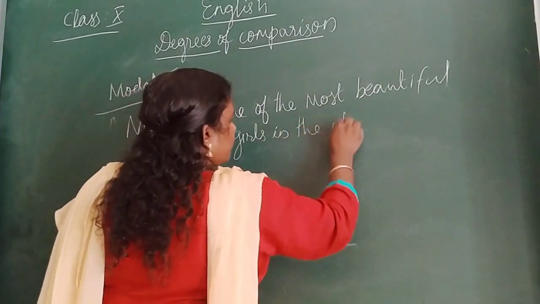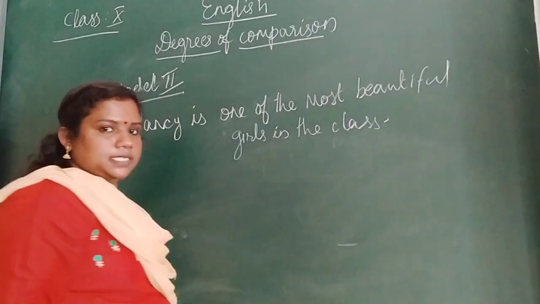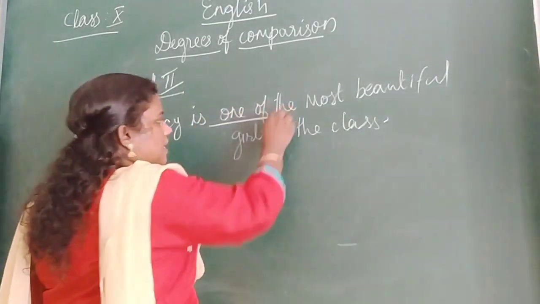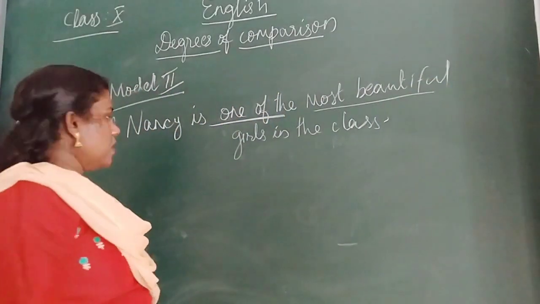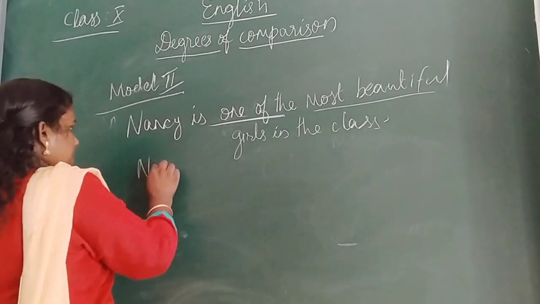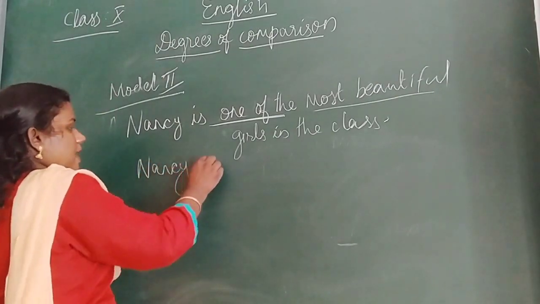One of the most beautiful girls in the class. How can we see the structure? One of the most beautiful. Okay. So the same way we will start the answer for the comparative form.